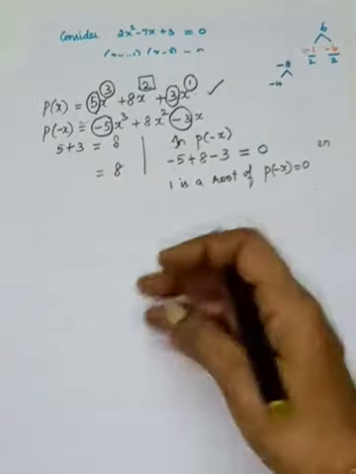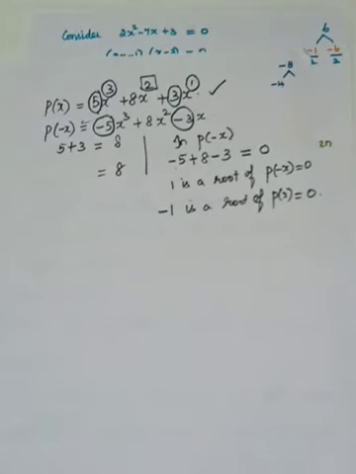So what's our conclusion? If the sum of the coefficients of odd power is equal to the sum of the coefficients of even power, then minus 1 is a root of p of x equal to 0.